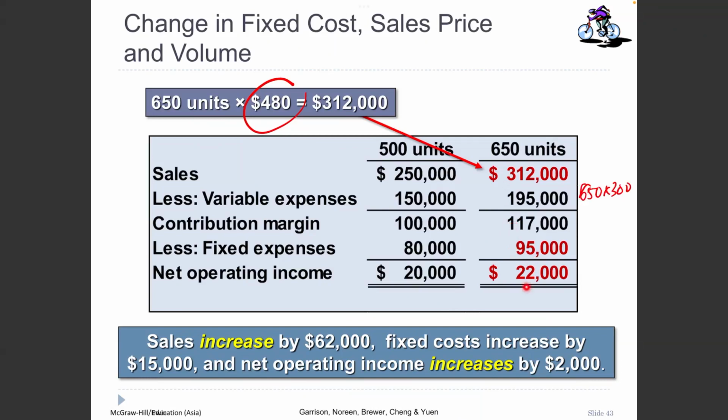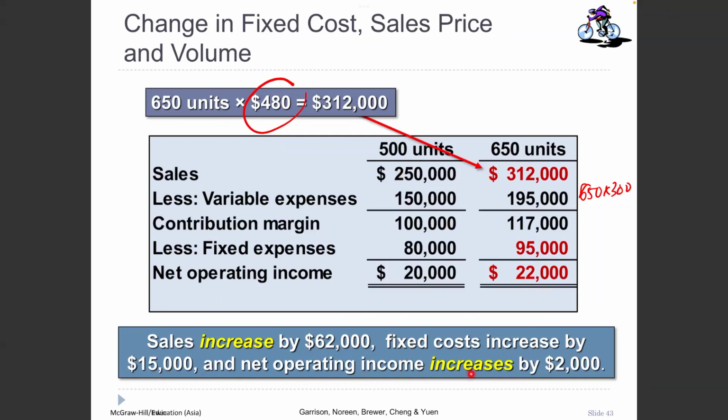So your net operating income increased by 2,000, becoming $22,000. So the conclusion is your sales increased by 62,000, which is 312,000 minus 250,000. And then your fixed cost increased by 15,000 and your net operating income increased by 2,000. Okay, so you can decide whether this is a good thing for your company or not, whether it is worth it for you to do this kind of scenario.